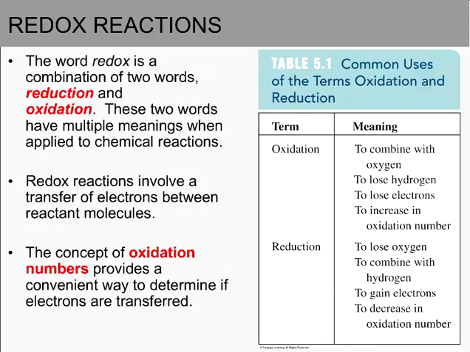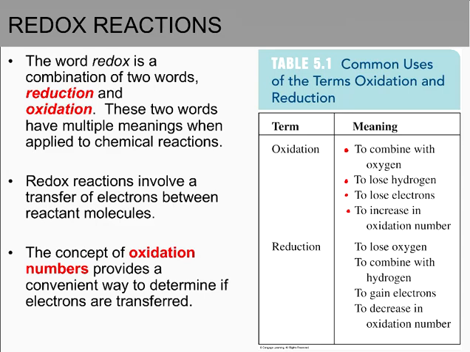So oxidation means that either something is combining with oxygen, or something is losing hydrogen, or something is losing electrons, or we have an increase in something called an oxidation number. So there are four different meanings to the term oxidation.